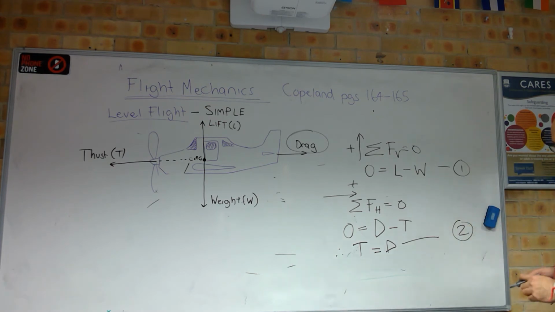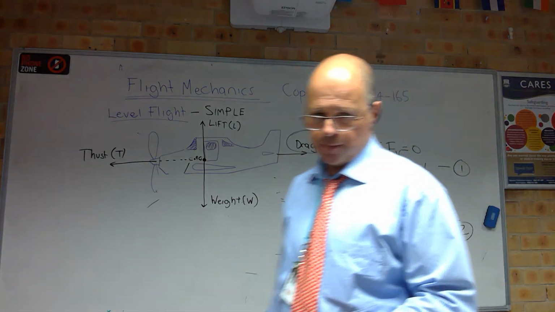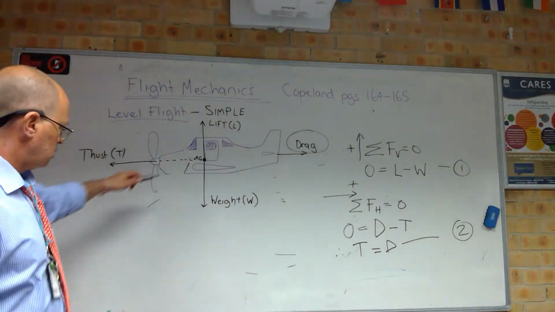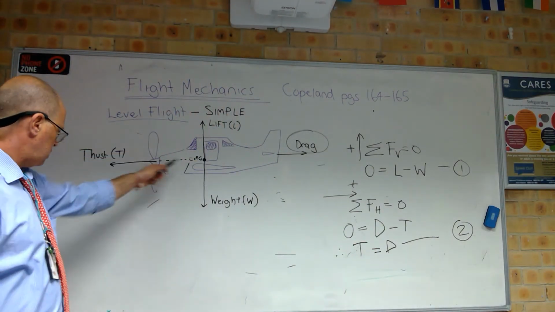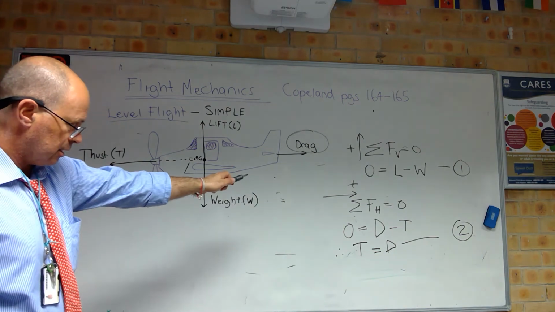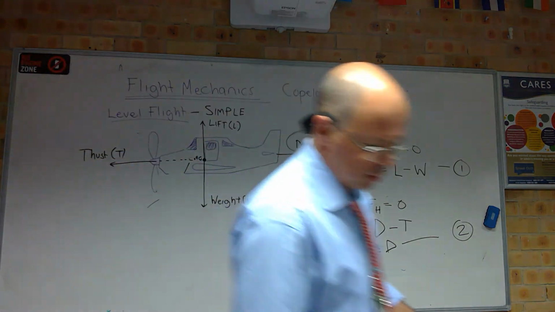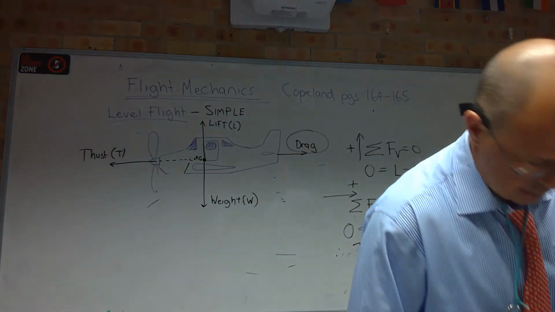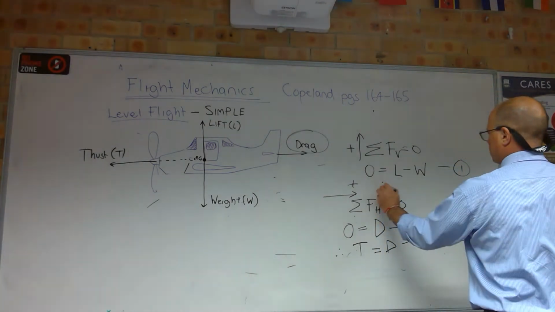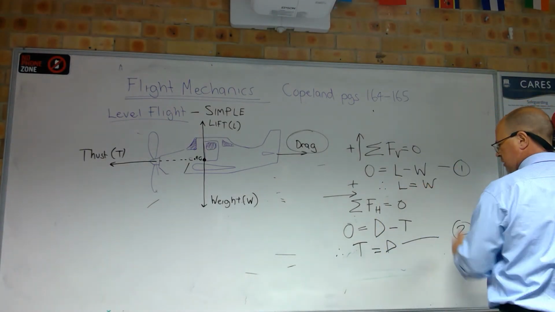Okay, so what have we taken out of this? I'm hoping that we know lift, weight, thrust and drag are all going to have to be equal, therefore lift equals weight.